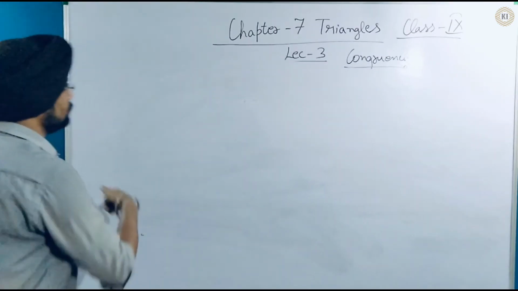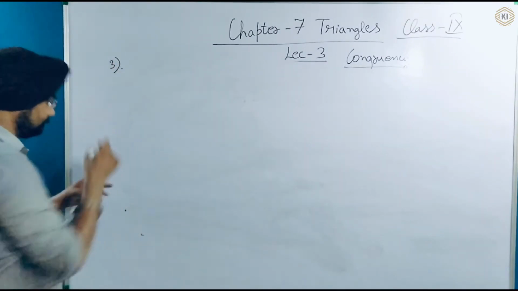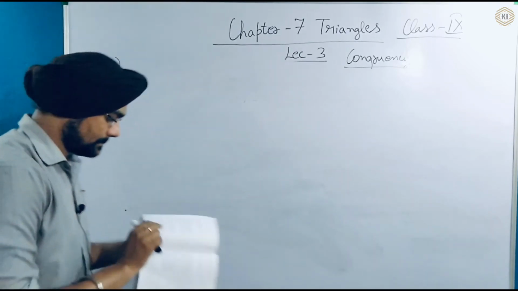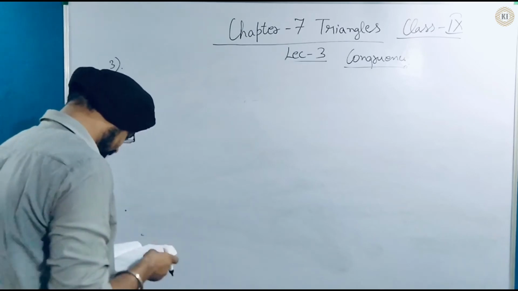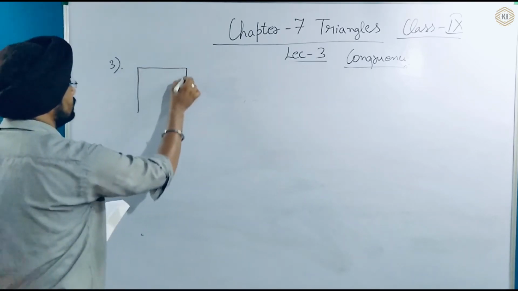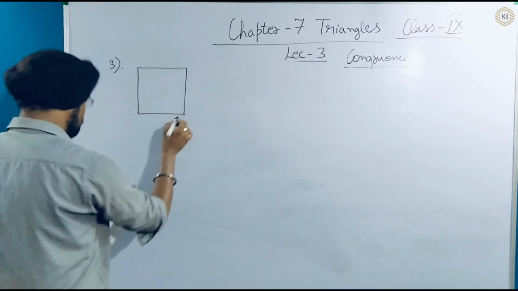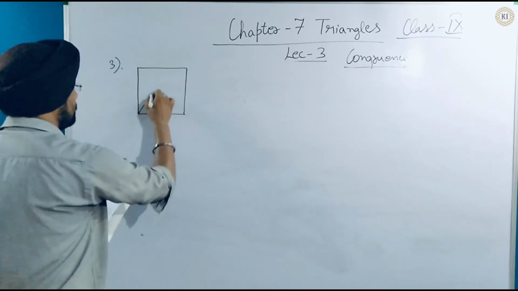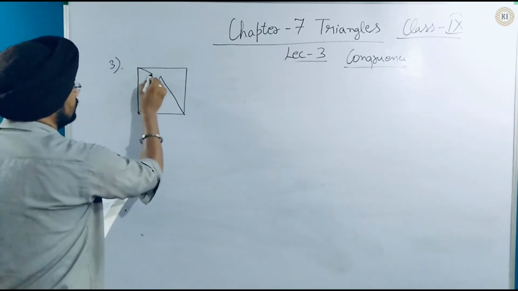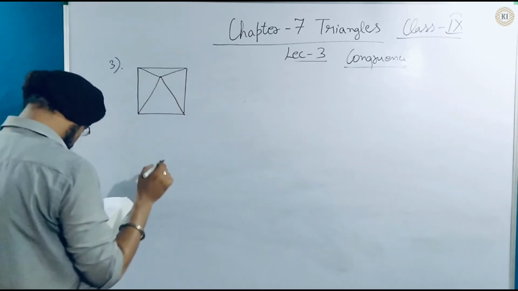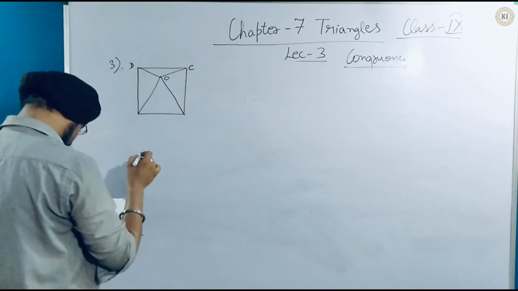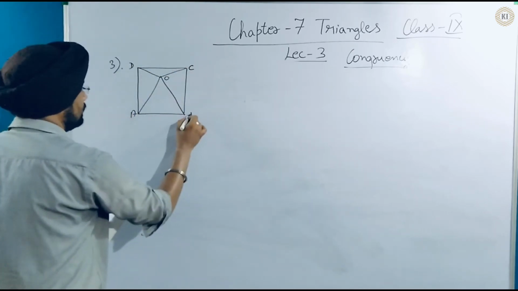Now let us see question number 3. Again you will find it is a square, with a triangle inside. ODC, AB.